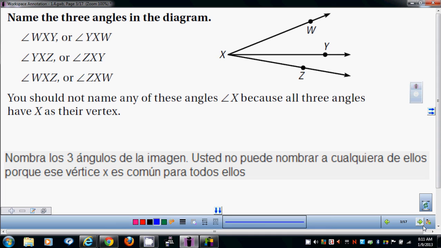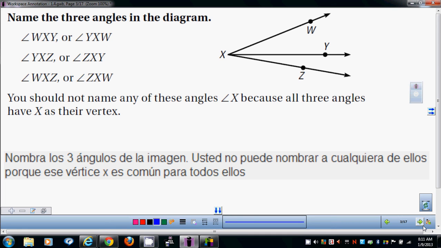It's a mutual vertex. It could be that top angle. It could be the big angle. It could be the small angle. You wouldn't know. That's why you need the full three letters to name an angle in this class. Your book may on occasion just call something like angle A or angle B, but that's a bad habit to get into. So I'm going to require that we give them three-letter names whenever possible.